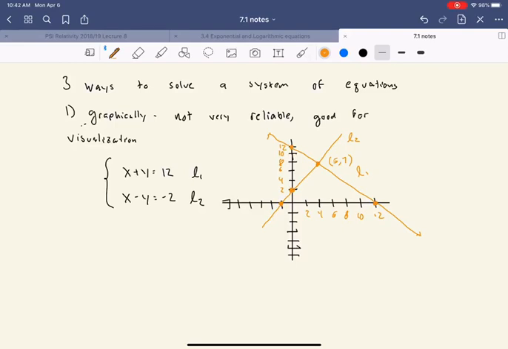Okay, so you can see graphically, well, we got close, and then we actually had to put it together to find the right answer. Okay, so let's try another method, same problem. Let's try substitution.